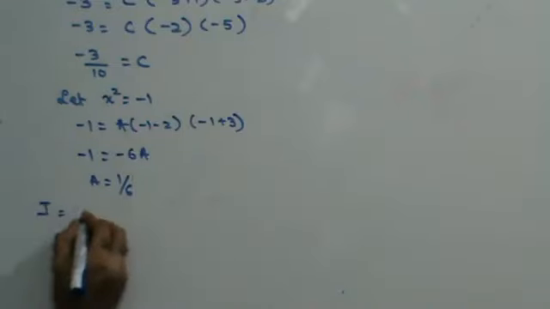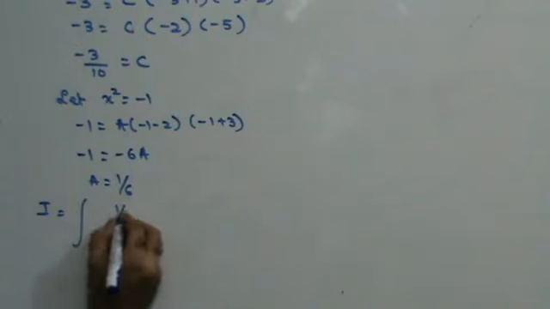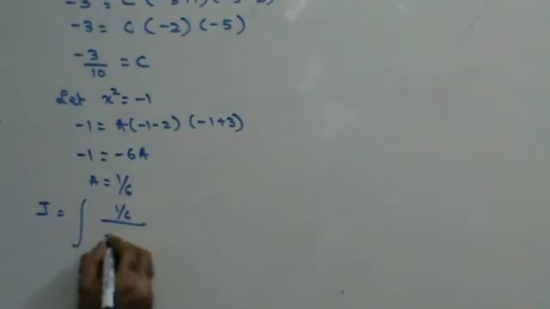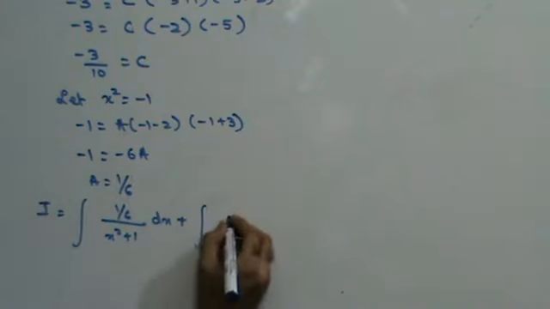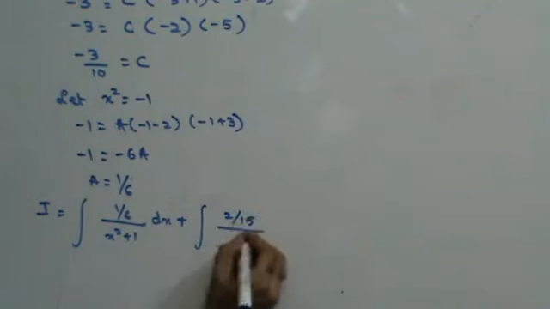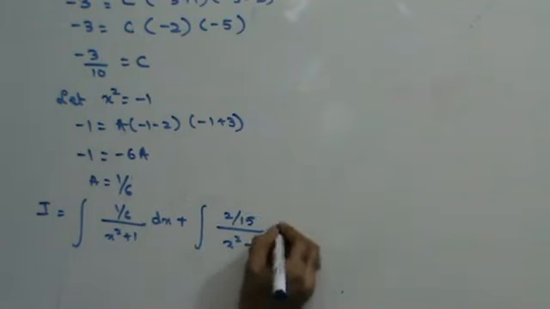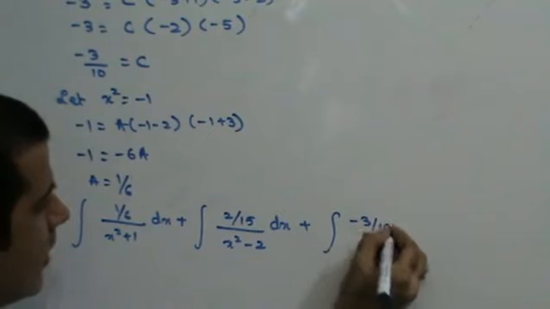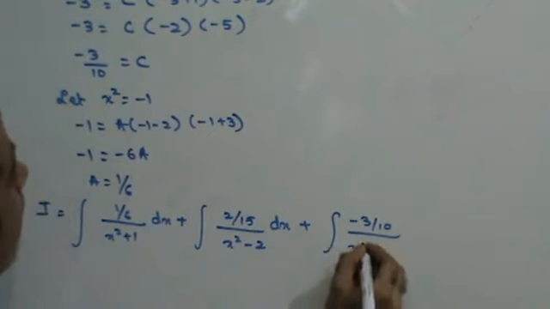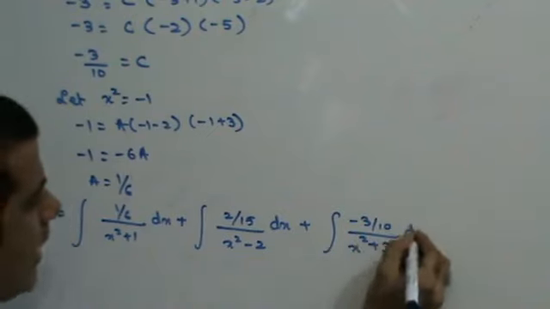Start with the sum. I is equal to integral of a upon x square plus 1 dx plus b, b is 2 upon 15, b upon x square minus 2 dx plus integral of c. C can be written as minus 3 upon 10, x square plus 3 dx.